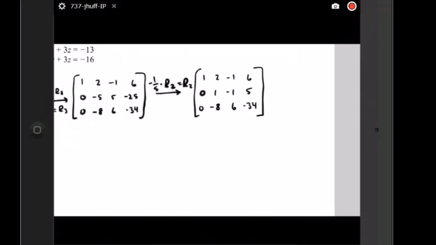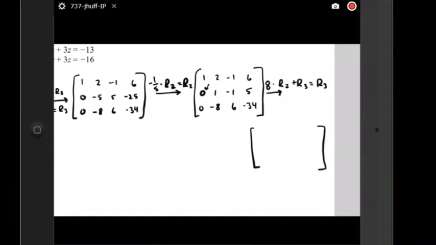Now I need to get this to be a 0. And I can use this 1 above it. If I multiply that 1 by 8 and then add, 8 plus -8 is 0. So what I need to do is multiply row 2 by 8 and add that to row 3 to give me a new row 3.